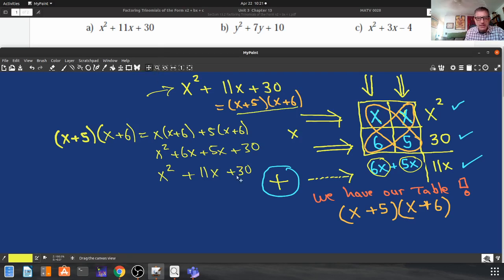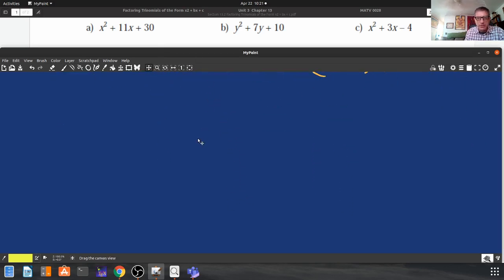So now you kind of see the process. Let's just do some. This next one is 1b. This is a polynomial in the variable y. It doesn't matter. y squared plus 7y plus 10.